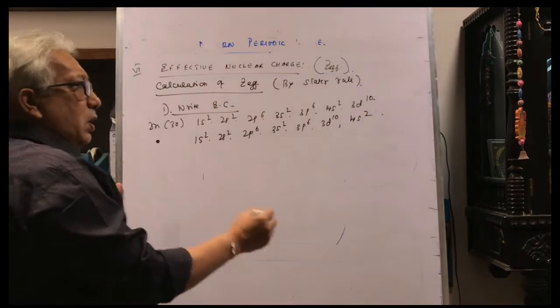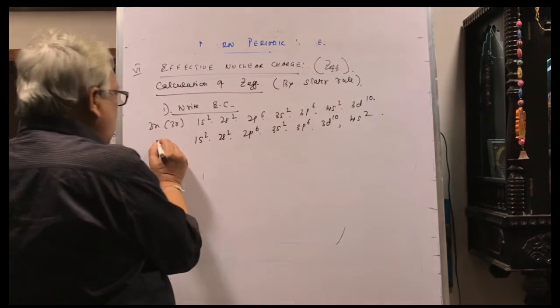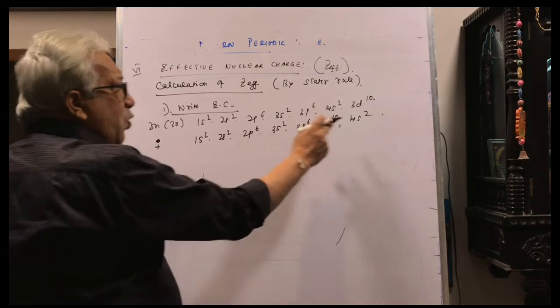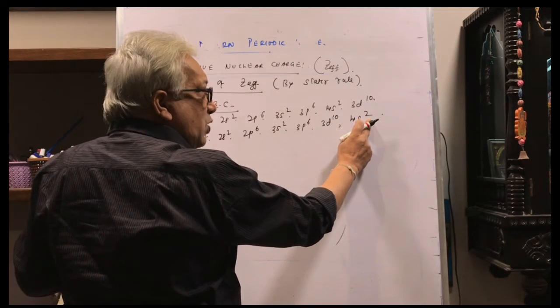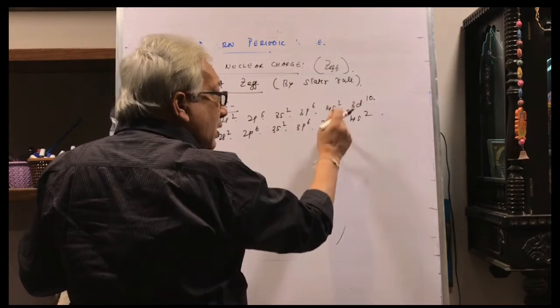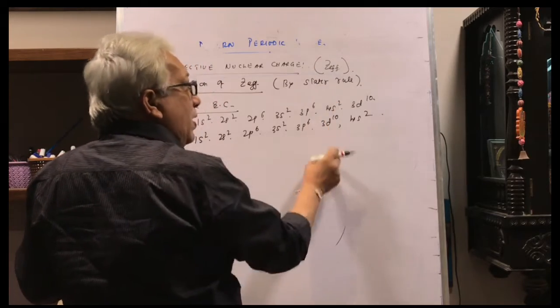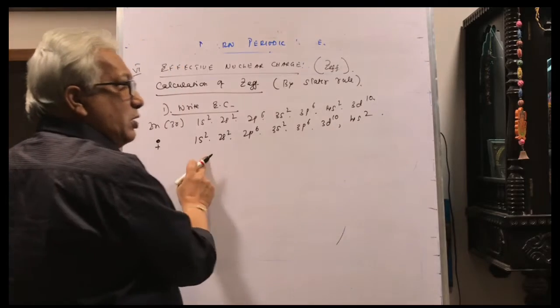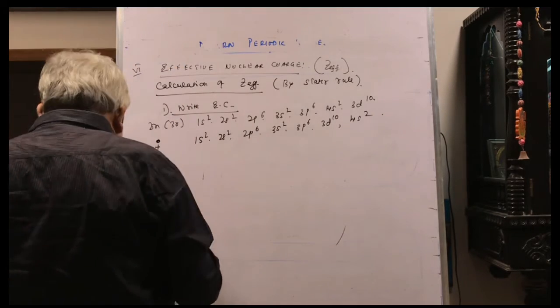So for the charge that the 4s experiences from the nucleus, even 3d is making a barrier because they are inside. So you have to rewrite the configuration in this manner. That is the first and foremost point.